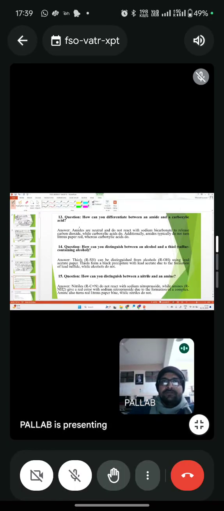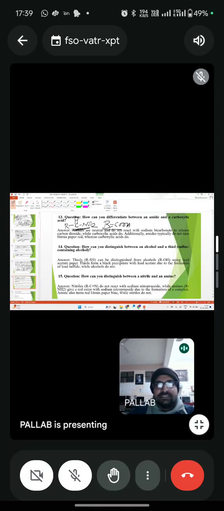Read the question carefully. How can you differentiate between an amide and a carboxylic acid? Amide has the general formula like this, and the general formula of carboxylic acid is this. So carboxylic acid is an acid, but amide is a neutral species. The same trick which we used in the previous case, we will use here also.